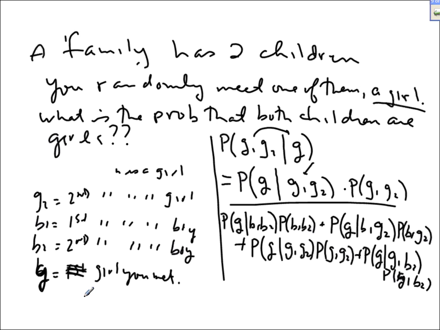Okay. Now, remember, the probability of B1, B2, B1, G2, G1, G2 is a quarter.